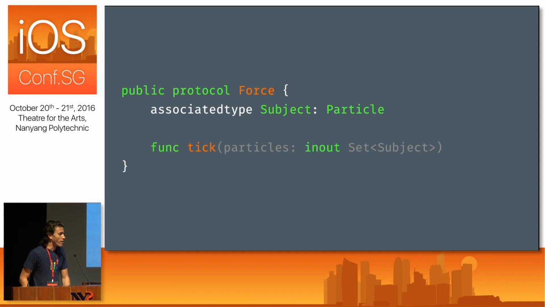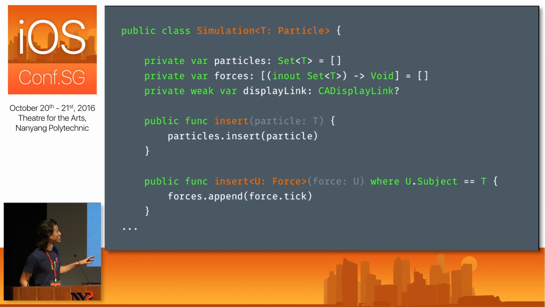Then I also built a Force protocol. The Force protocol represents something that manipulates the particles. And if you think about the force-directed graph layout, there's more than one force at work. So this helps me compartmentalize it into those separate forces. I'm going to show you what a very simple Simulation class looks like.